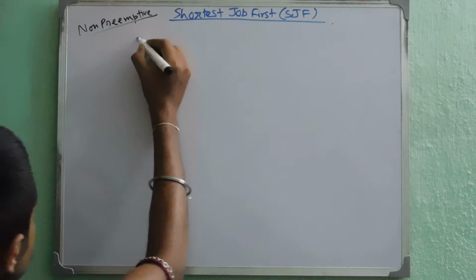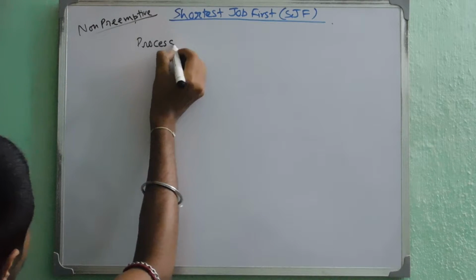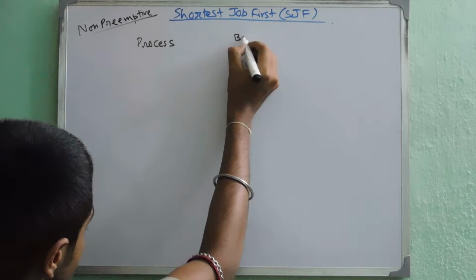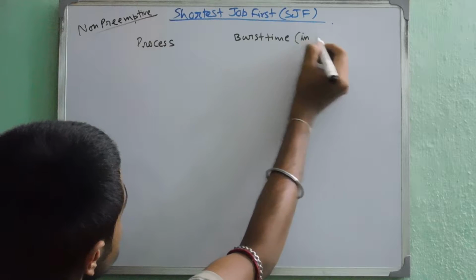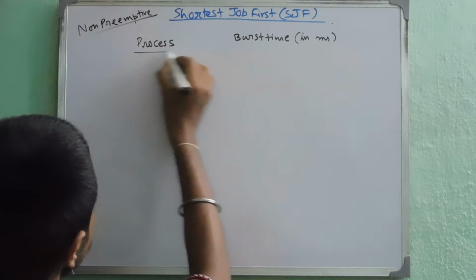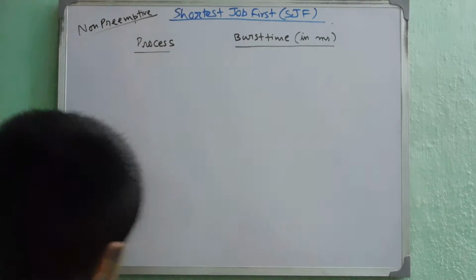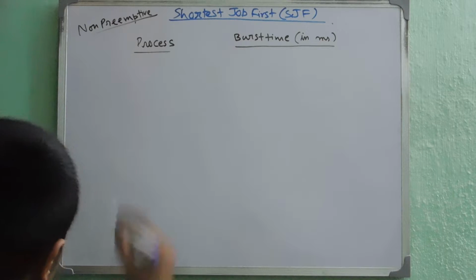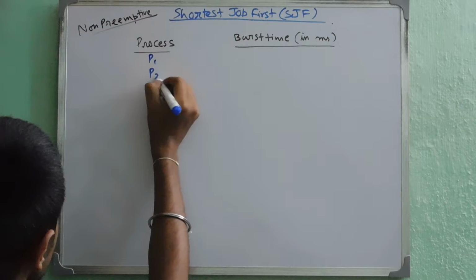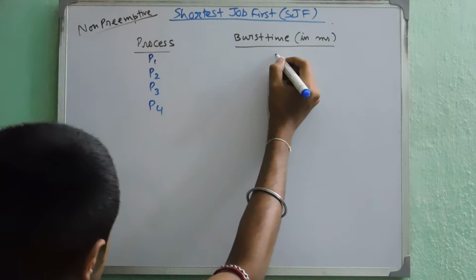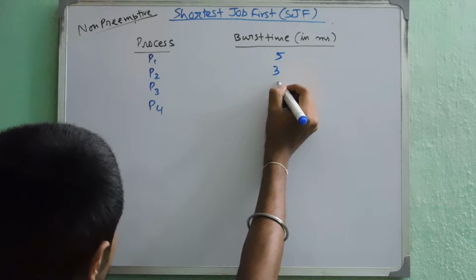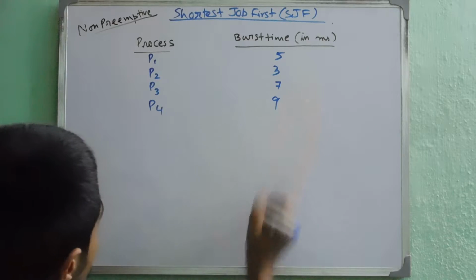So the question is process, then burst time in milliseconds. The processes are P1, P2, P3 and P4. Burst times are 5, 3, 7 and 9.